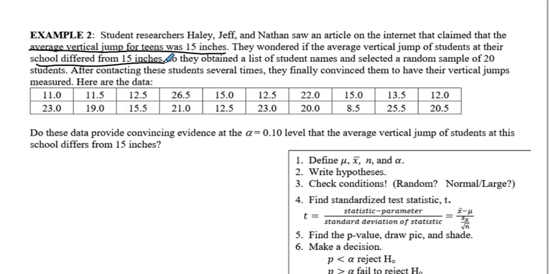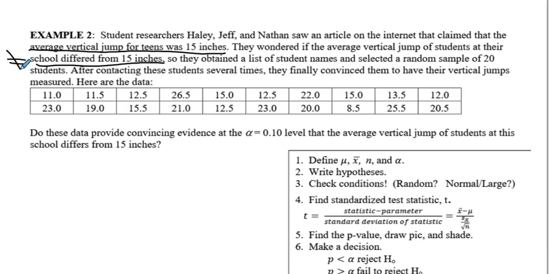Notice it did not say they're wondering if it's greater than 15. They didn't say they wonder if it's less than 15. They said differed. As soon as you see that, you know they're talking about not equal to. You might want to mark that in the notes. Differ from just means it's either 15 or not. We're not guessing which direction.